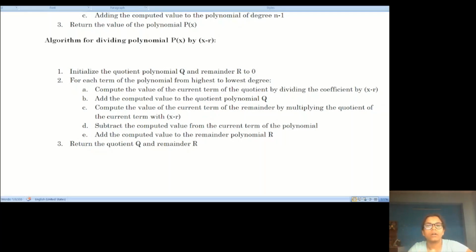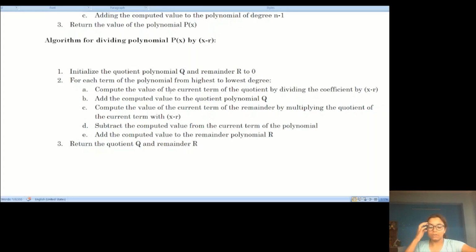Now for the polynomial again we have to decrease the degree of the term every loop, and for that we will use a for loop. The first step after that is to compute the value of the current term of the coefficient by dividing the coefficient.